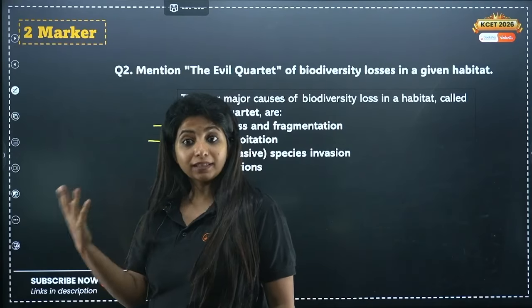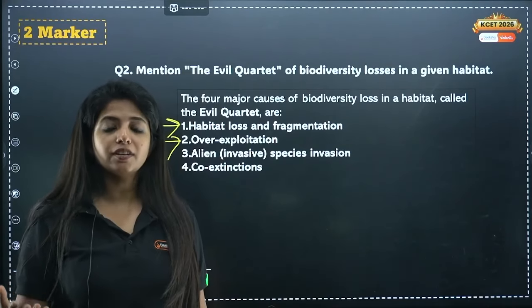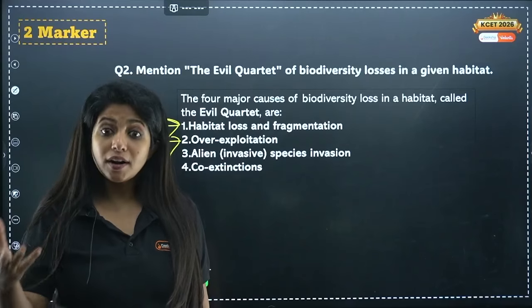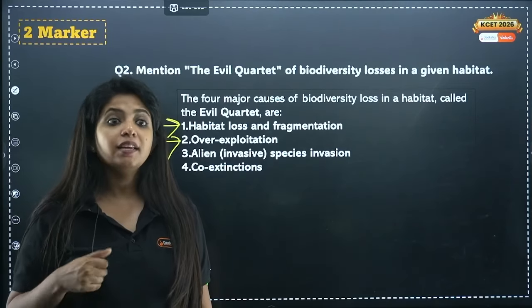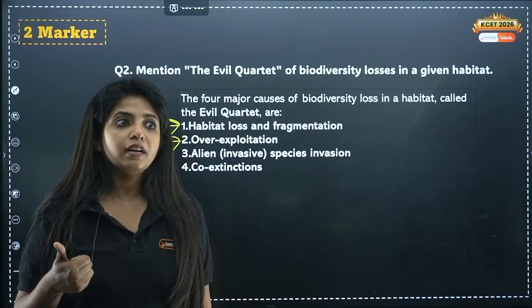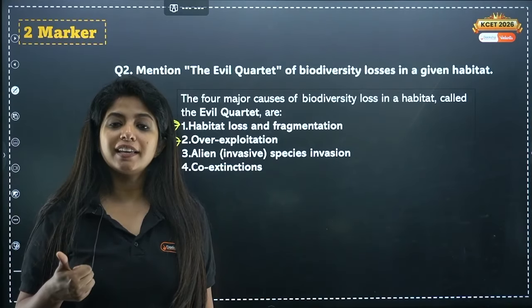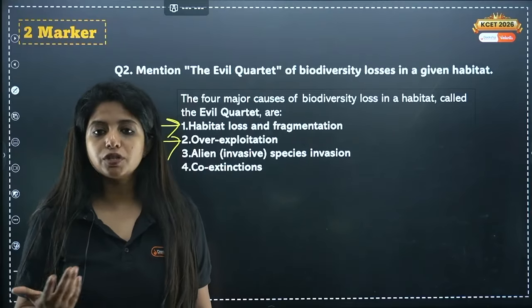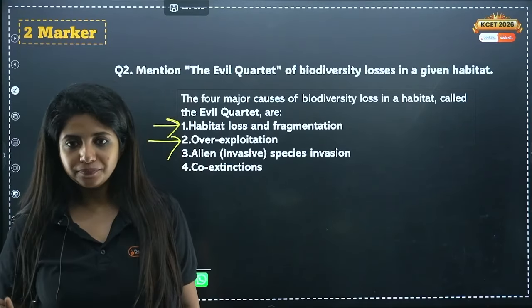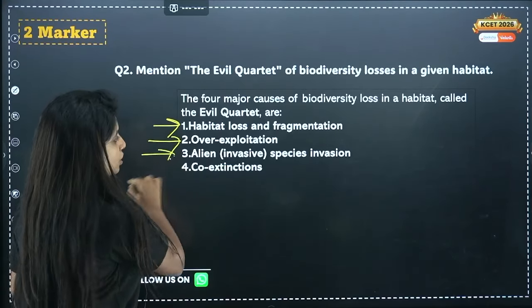Then we have Parthenium, that is called carrot grass, Lantana, Eichhornia, all of these are invasive plant species. Then one more example is the African catfish, Clarias gariepinus. That also killed the native fishes and made them extinct. So that is alien species invasion.